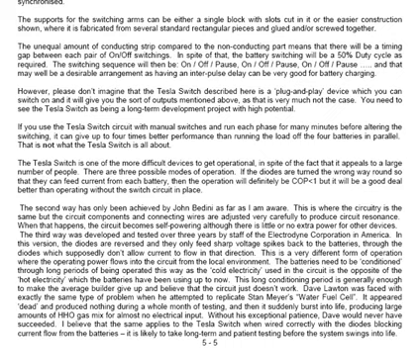If you use the Tesla switch circuit with manual switches and run each phase for many minutes before altering the switching, it can give up to 4 times better performance than running the load off the 4 batteries in parallel. That is not what the Tesla switch is all about. The Tesla switch is one of the more difficult devices to get operational, in spite of the fact that it appeals to a large number of people.